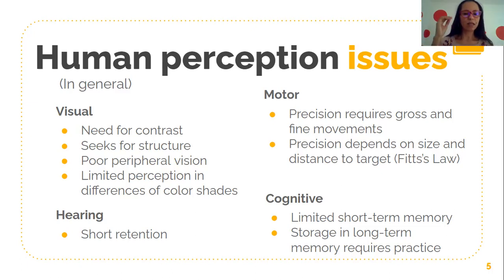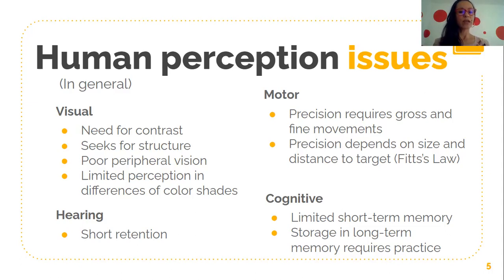Sometimes there is an error message up there. But since that message is not in your field of vision at that very moment, you cannot perceive it so easily. So the reason for that is that we have poor peripheral vision.